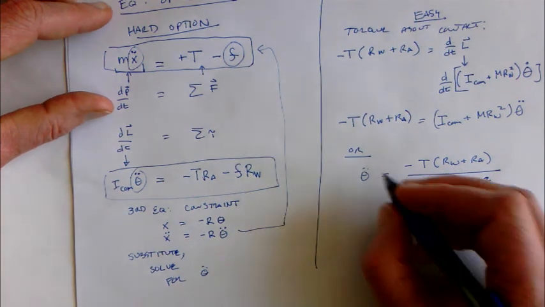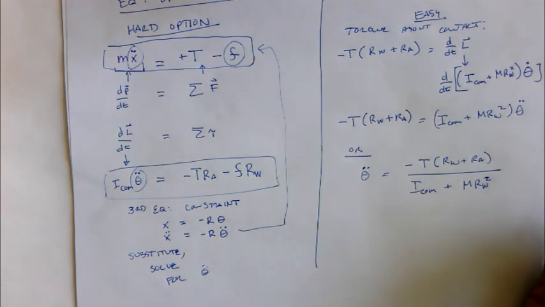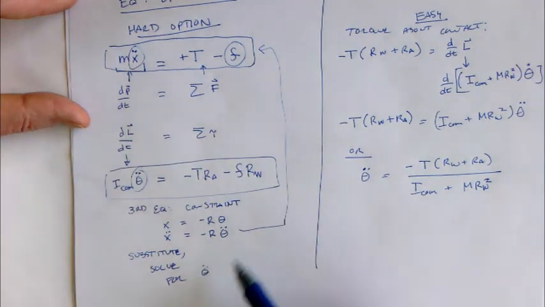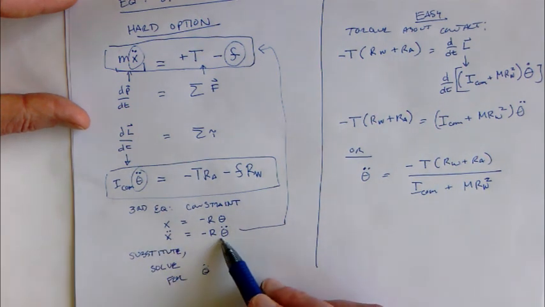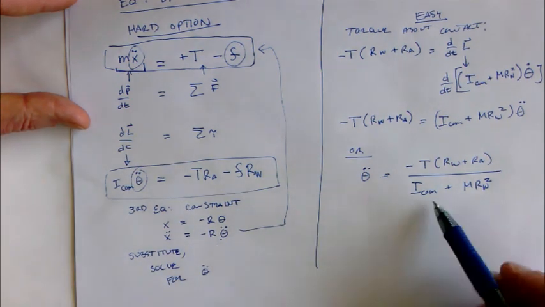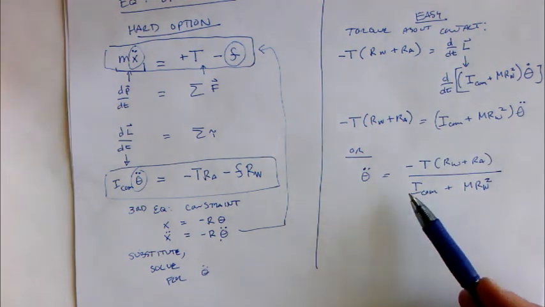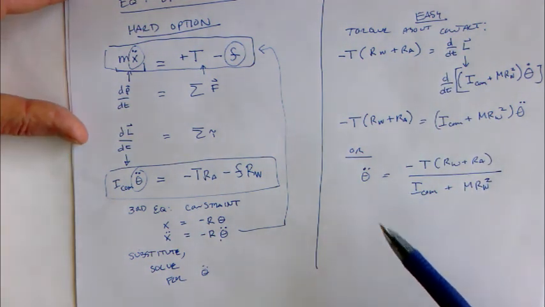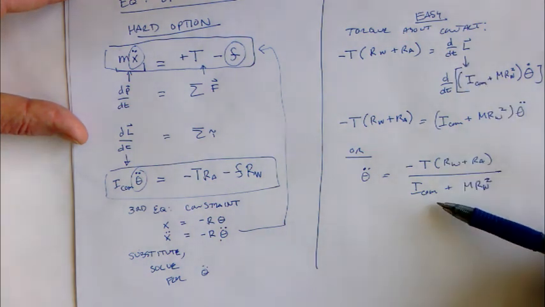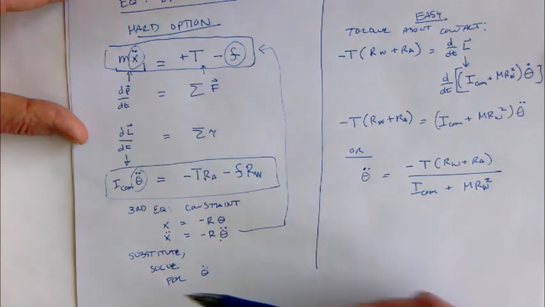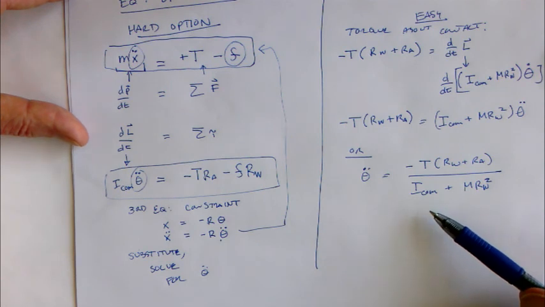So if you actually look at this, you can see we never had to figure out what x double dot is, and we could apply the constraint to find x double dot. We never had to figure out what the friction is because our calculations were chosen about an origin where we didn't need to know the friction. So in some ways, this is a much easier approach because instead of dealing with three equations and three unknowns, you're dealing with one equation and one unknown.